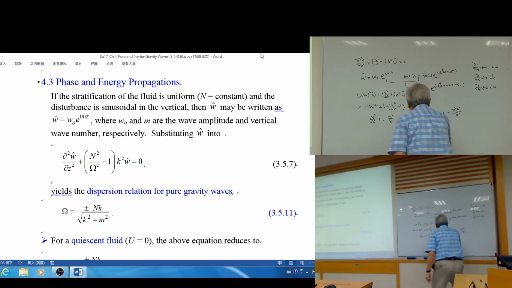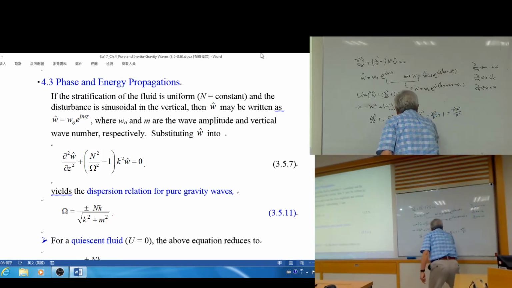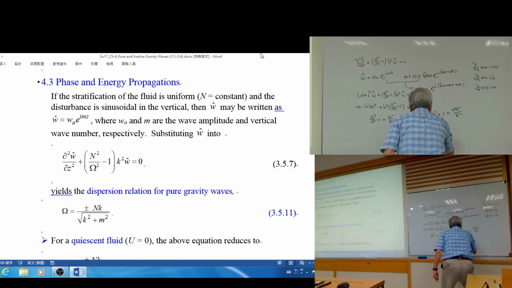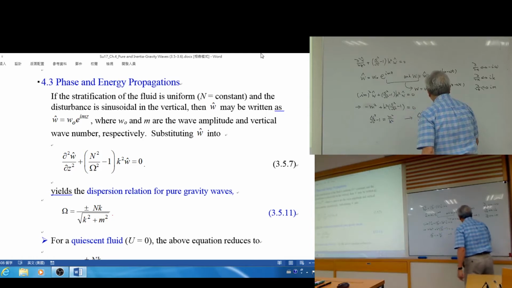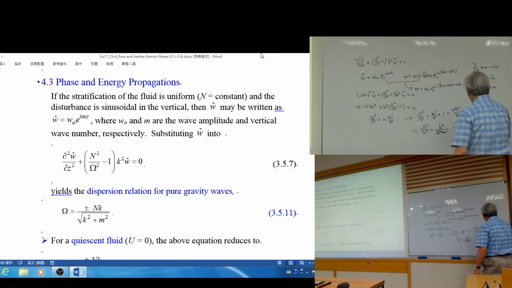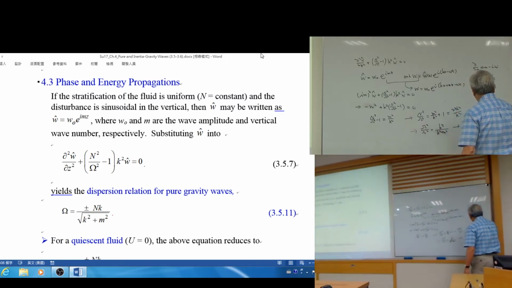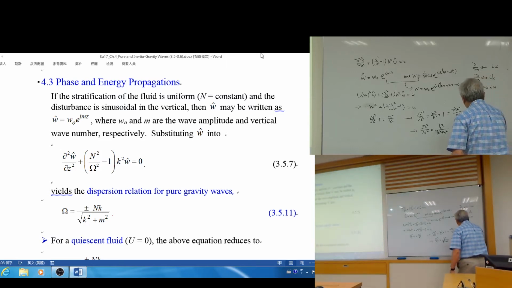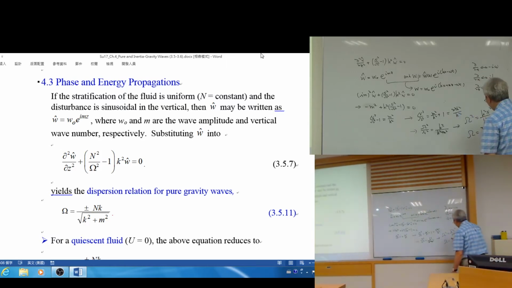We just turn around: omega squared divided by N squared equals k squared divided by k squared plus m squared. So omega squared equals k squared times N squared divided by k squared plus m squared. Omega equals, we take the square root, we have two solutions, kN divided by the square root of k squared plus m squared.